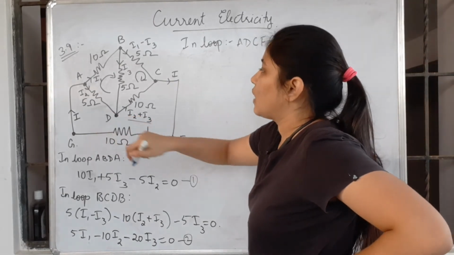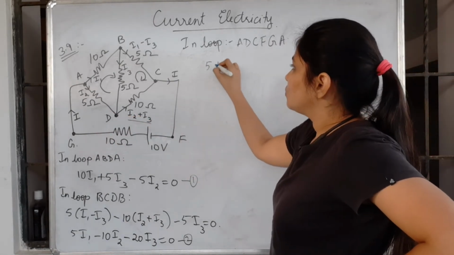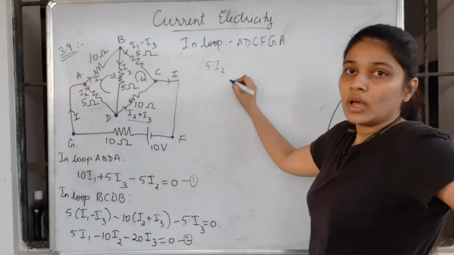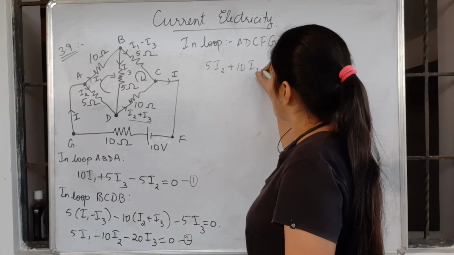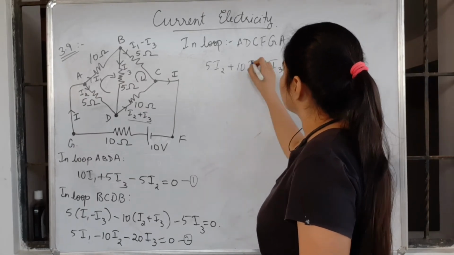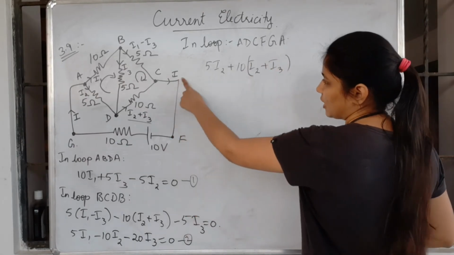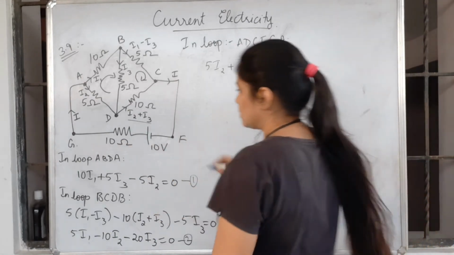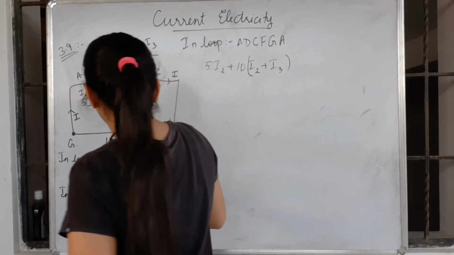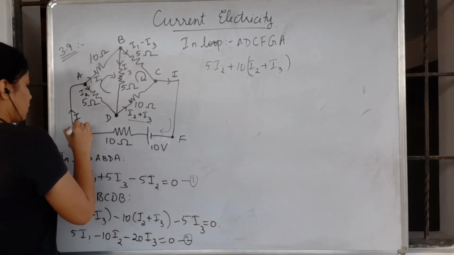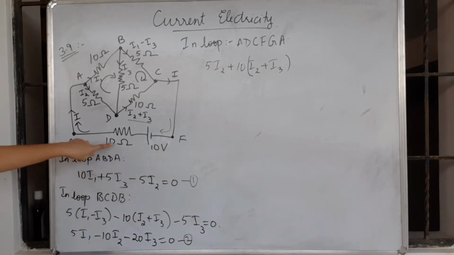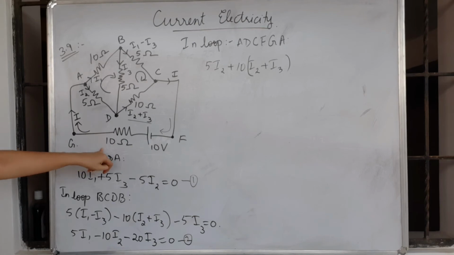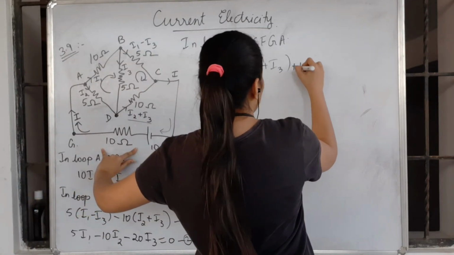You have 5 I2 plus 10 into I2 plus I3. Then you are coming like this, this is the direction of the loop. Here the current I is flowing in this resistor, so that will be plus 10.